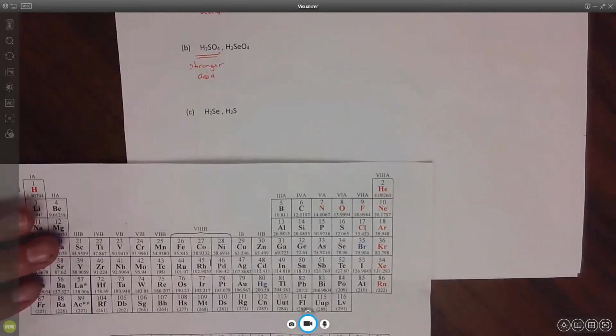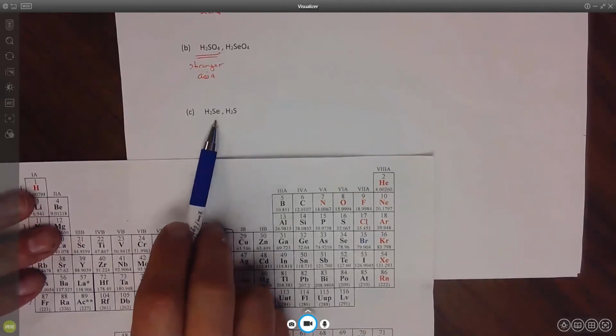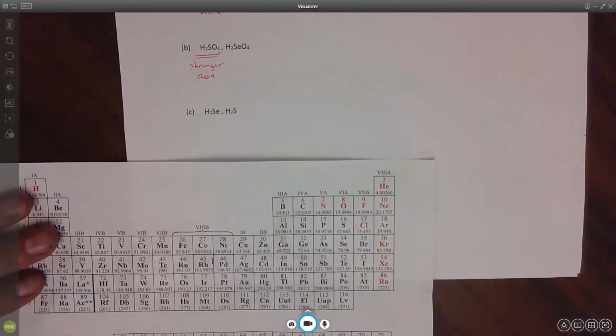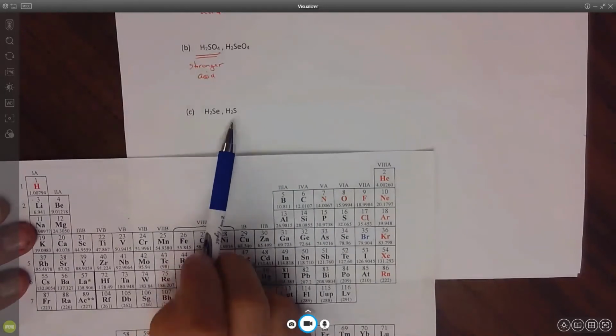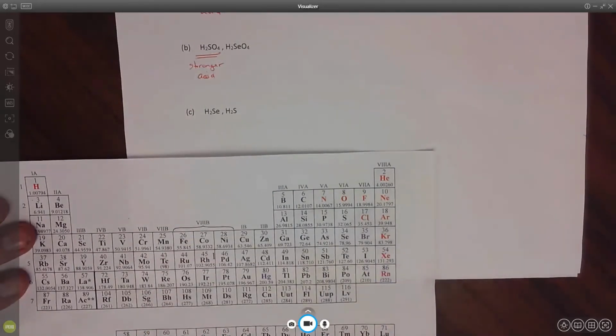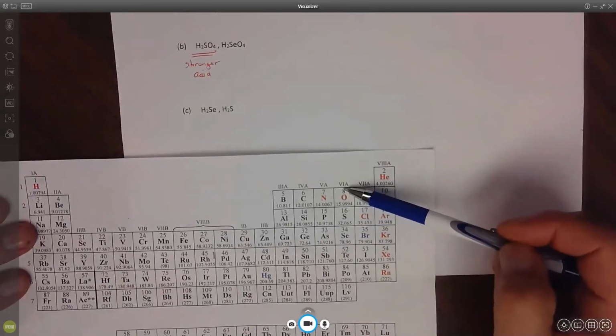So if these are binary acids, are these in the same group or the same period? They're in the same group.